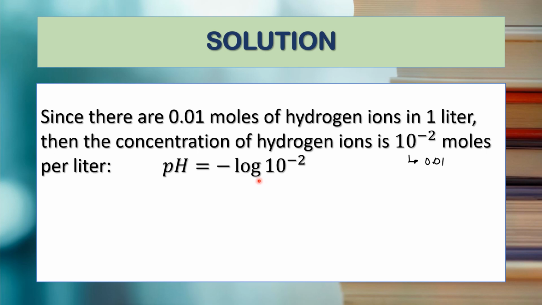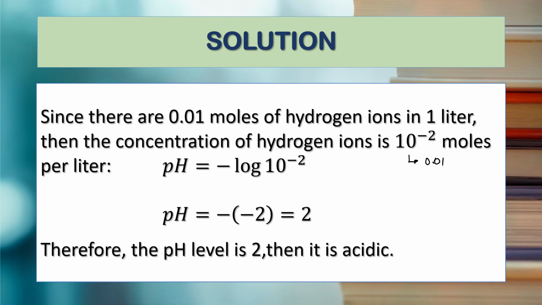By inspection, the exponent that will give the log of 10 to the negative 2 is negative 2. Then, simplifying the given formula, we have negative times the negative 2. Negative times negative is positive. Therefore, our pH is 2. So, the pH level is 2. Since the pH level is 2, then the solution is acidic.